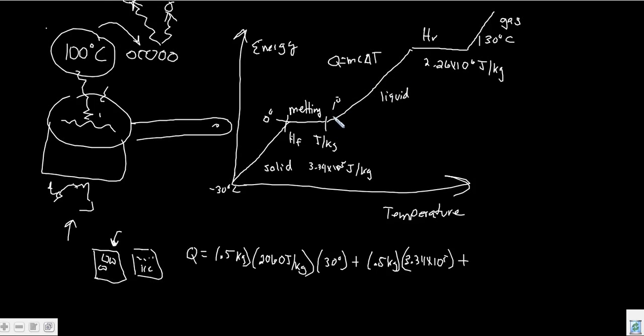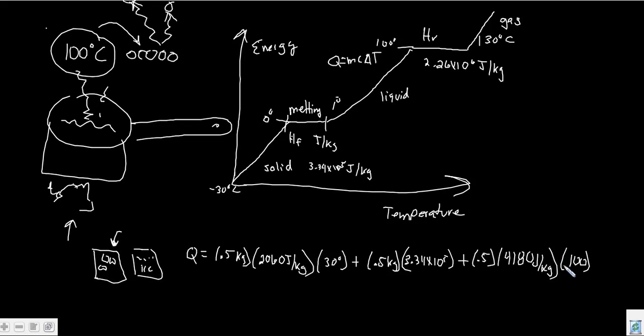From this one we have to change from 0 to 100, because it's going to boil at 100 degrees. So this is going to be our mass, 0.5, times our specific heat of water, which is 4,180 joules per kilogram, times a 100-degree change.